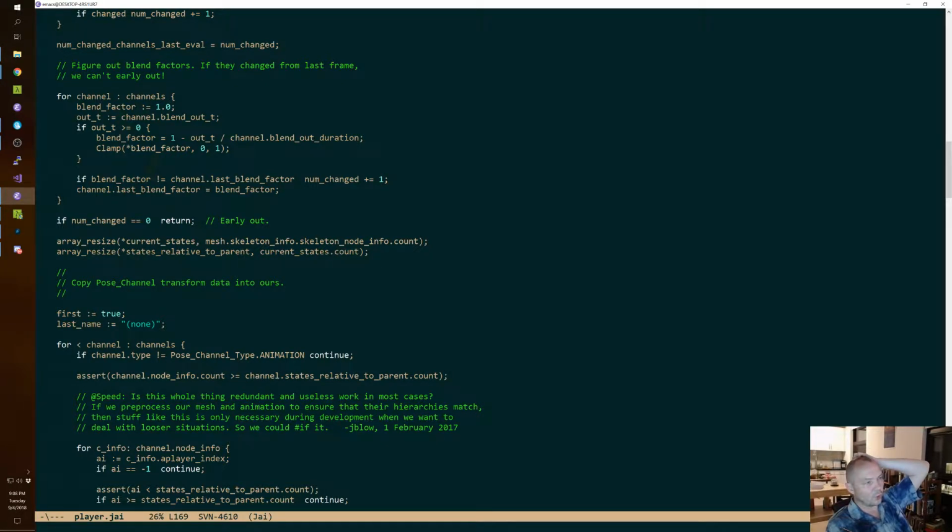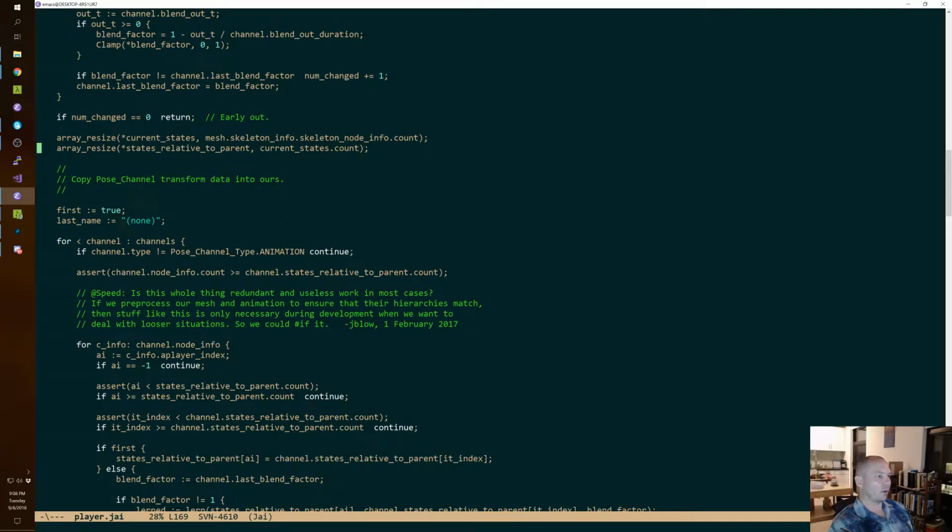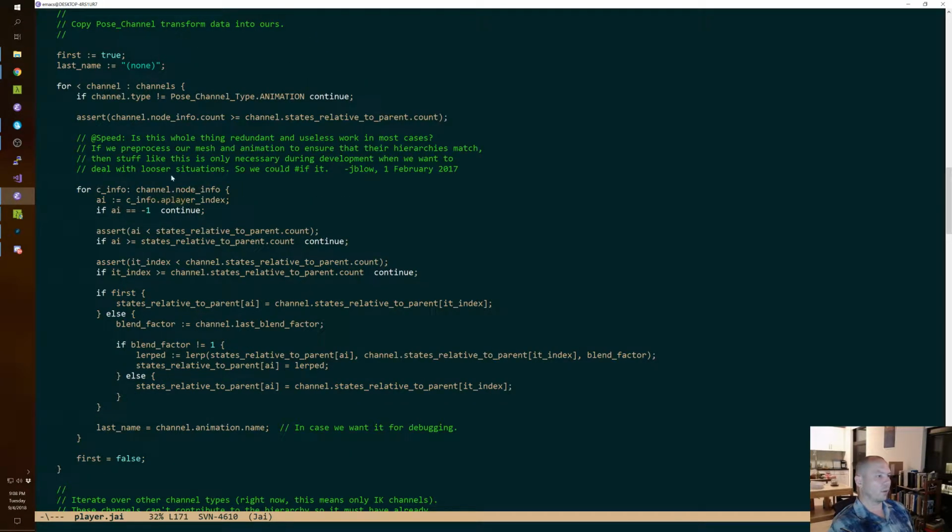So when we tell the animation player to figure out the current state of the animation, it goes over all the channels, where each of these channels is possibly playing back an animation like walking or running, and then we want to blend between them. Or some of them could be IK channels, which we have turned off in this game, but you could have that, right? If there's no change, we just return. Otherwise, we go over all the channels and compute the state relative to the parent.